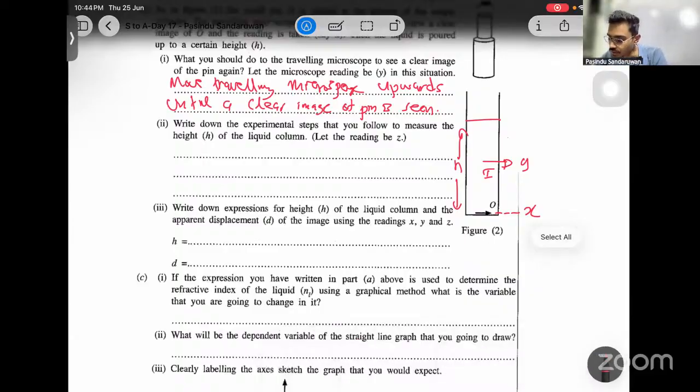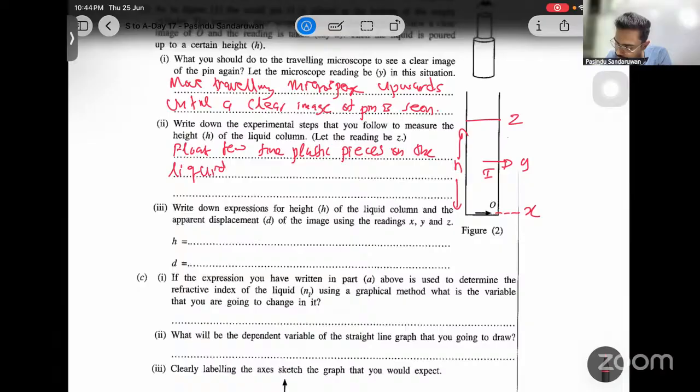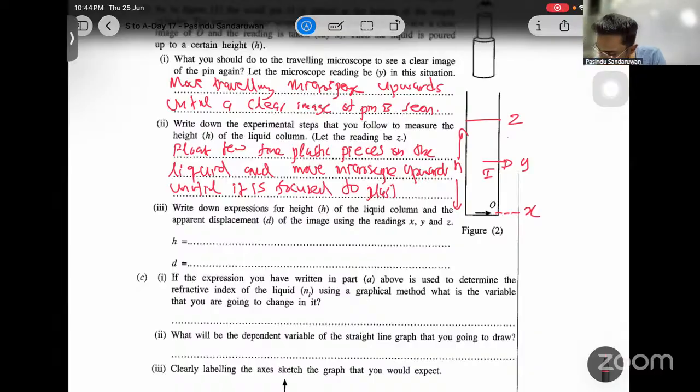Write down the experimental steps that you would follow to measure Z. Float a few fine plastic pieces on the liquid, and move the microscope upwards until it is focused to the plastic pieces.